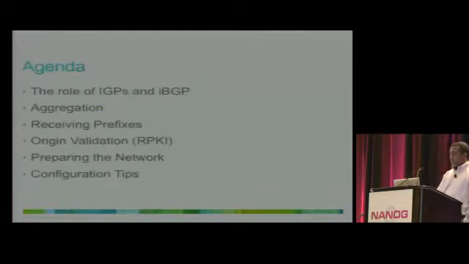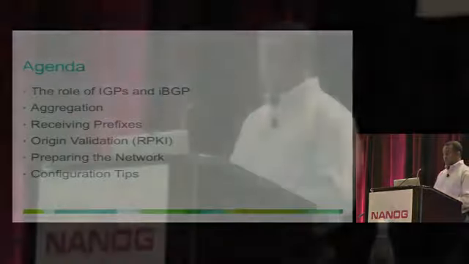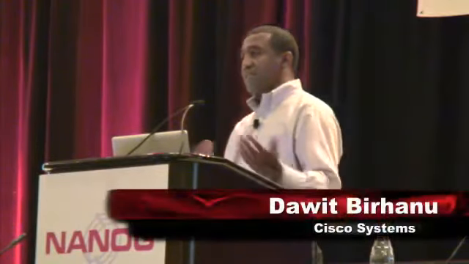But first, I want to review the agenda for this section. After discussing the communities, we'll discuss the role of IGPs and IBGP. Aggregation, which is very important for the health of the internet, and we'll discuss that in more detail. Receiving prefixes from peers, customers, and transit providers.